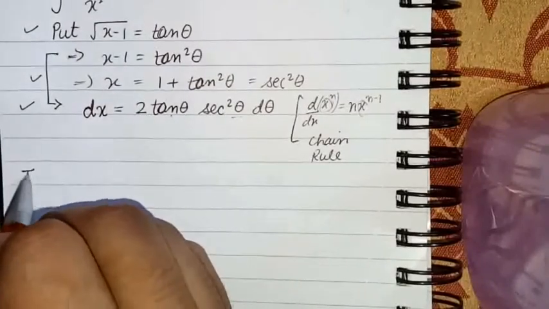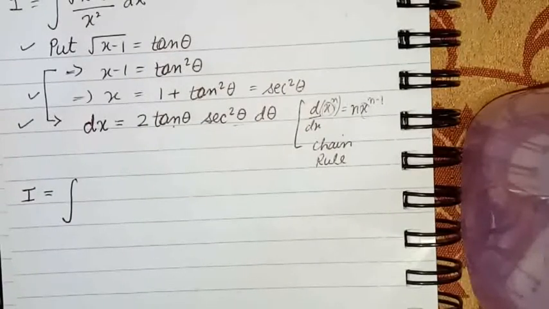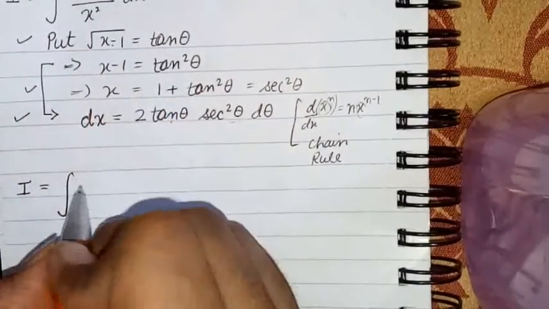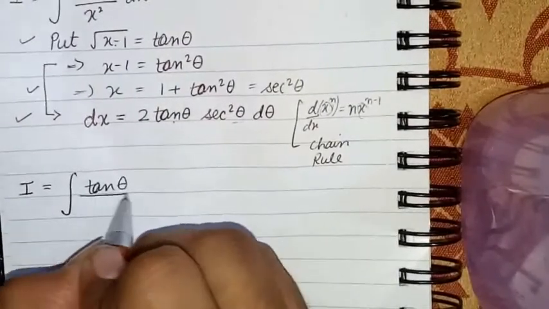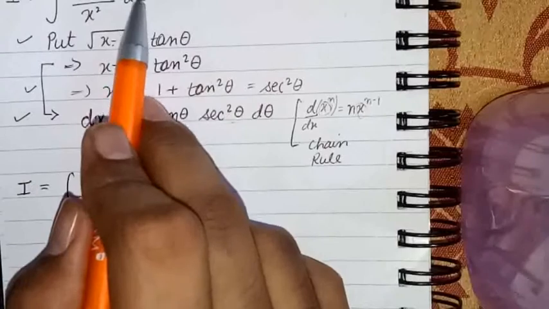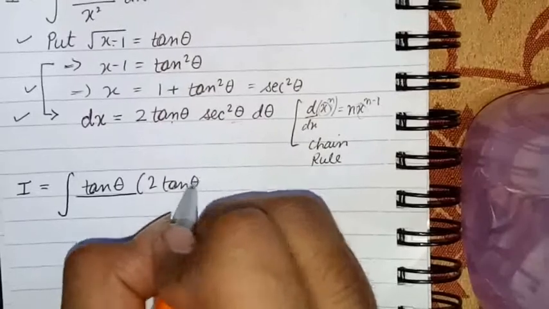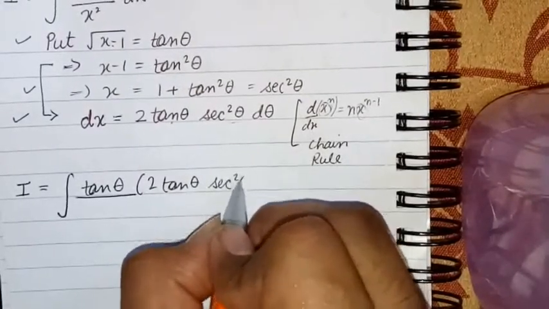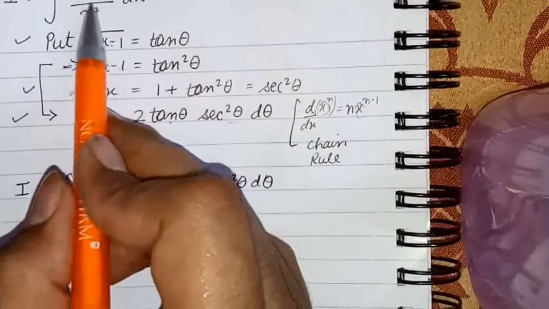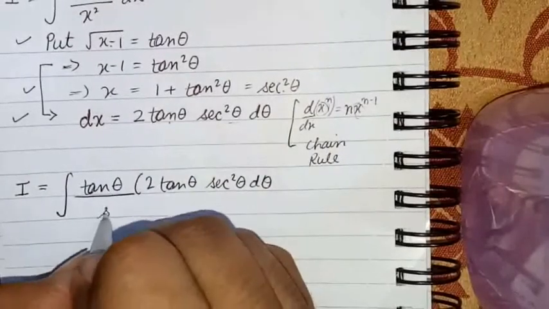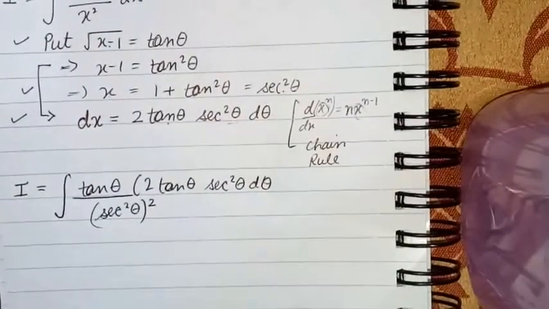So our integral becomes I equals integral, that is you're going to get, instead of this I'm going to write tan theta, instead of dx I'm going to write this value, so that's 2 tan theta secant square theta d theta, and in denominator instead of x square I'm going to write the square of x, so this is nothing but secant square theta whole square.